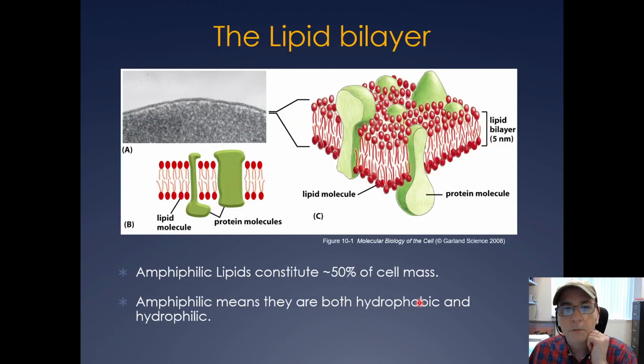So just a quick overview. Here's a great little image of a cell, and you can actually see the lipid bilayer right here. If you were to sketch it out into a schematic, what you have here are the lipid molecules, and then you can also have proteins embedded in the lipid bilayer.